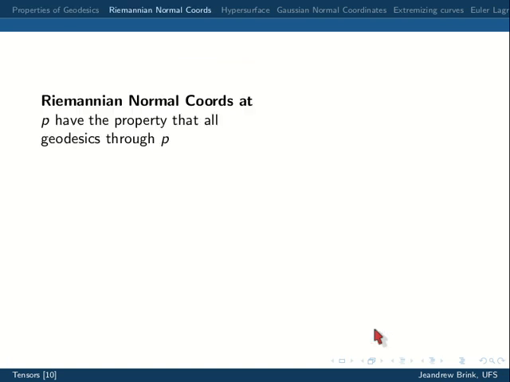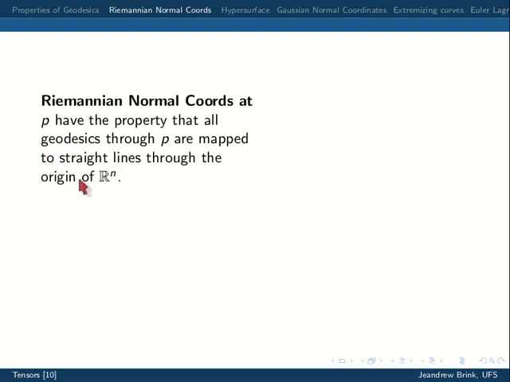Okay, so Riemann normal coordinates, basically at a point P, have the property that geodesics through P are mapped to straight lines through the origin of Rn. Okay, so not only do the Christoffel symbols vanish, but the actual geodesics themselves get mapped to straight lines once you've taken the chart to Rn. So that's why it is such a useful coordinate system.